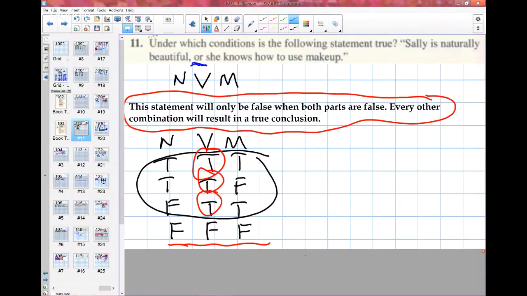Only when Sally is not naturally beautiful and she does not know how to use makeup, that would be the only time it would be false. So all other cases would be true. In a way, they were kind of asking to see if you knew your rule for or.